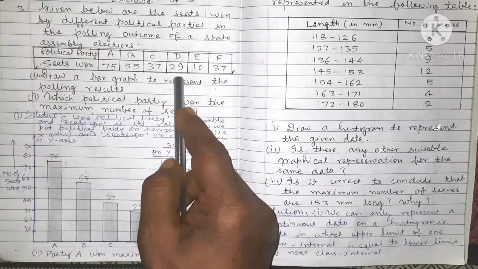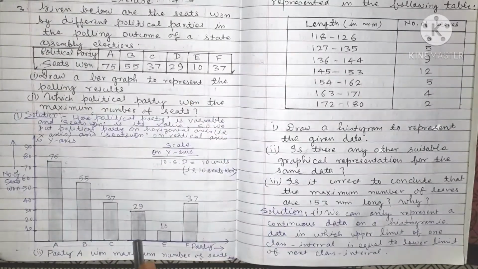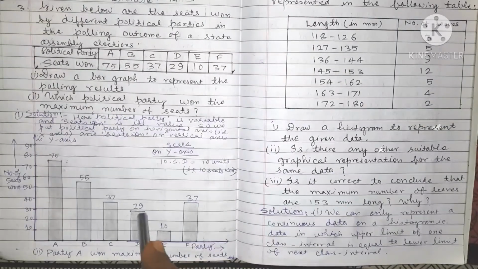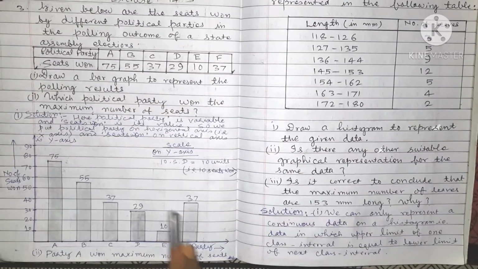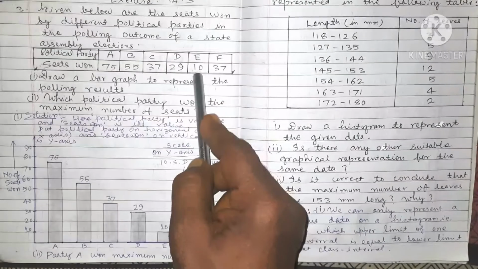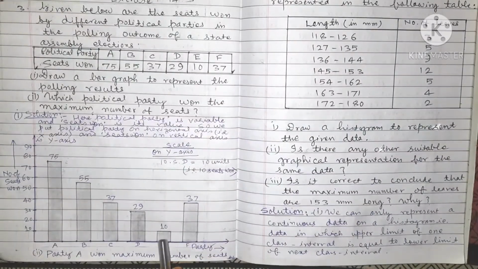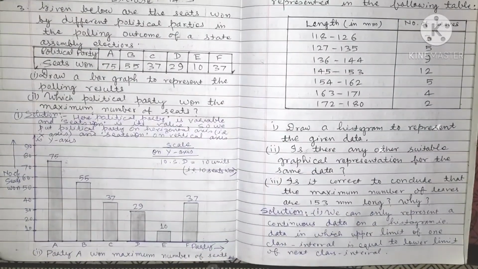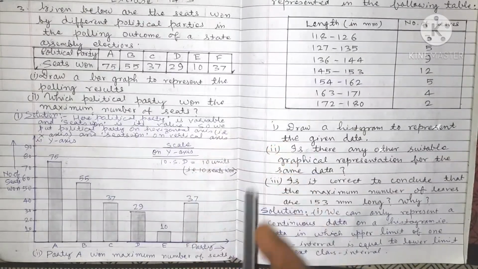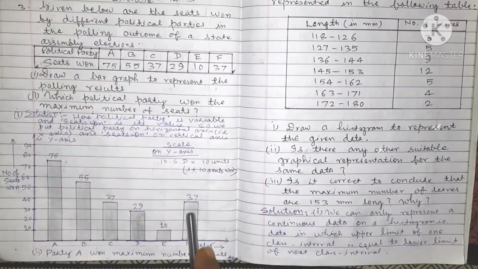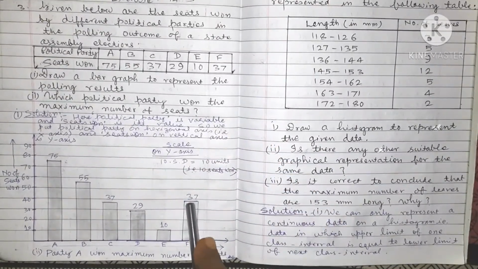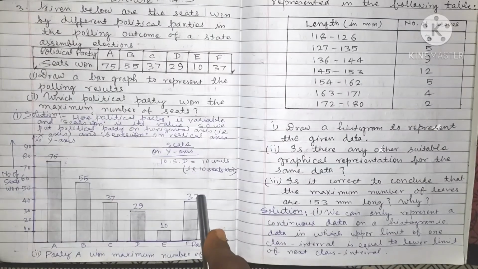D has 29 seats, so the height will be 29. E has 10 seats, so the height of this rectangle is 10. F has 37 seats, so the height of this bar is 37.